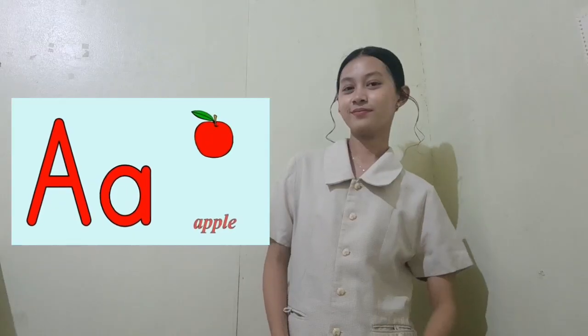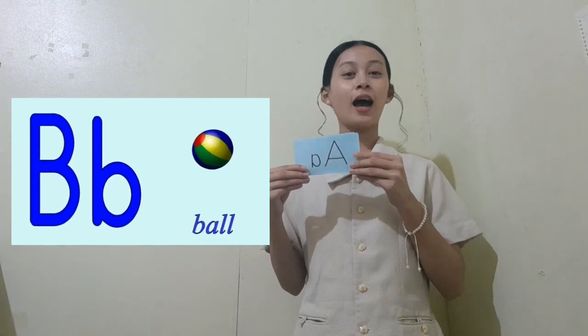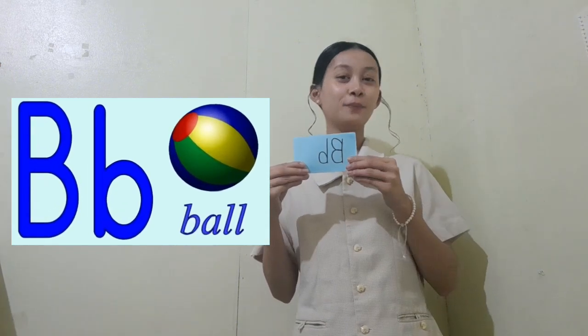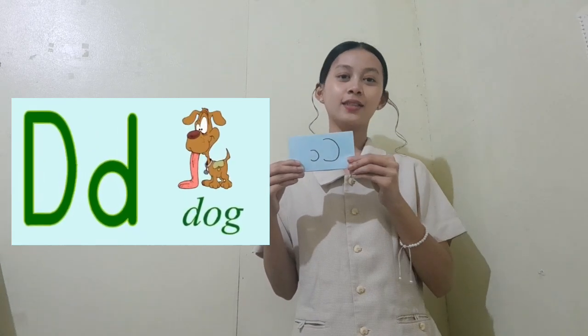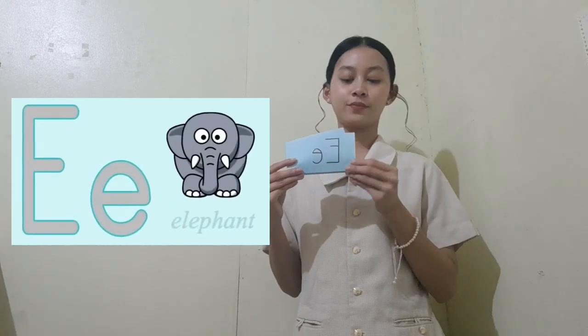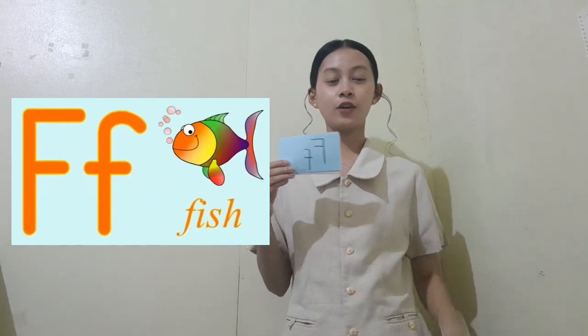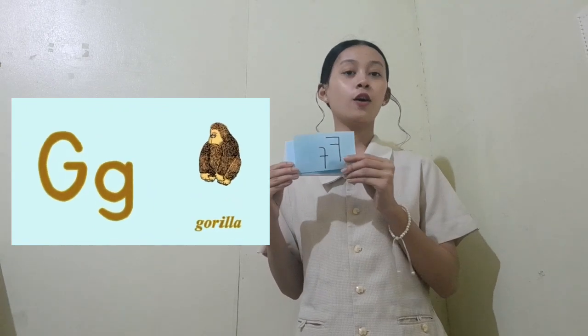A is for apple, apple. B is for ball, ball. C is for cat, cat. D is for dog, dog. E is for elephant, elephant. F is for fish, fish. G is for gorilla, gorilla.